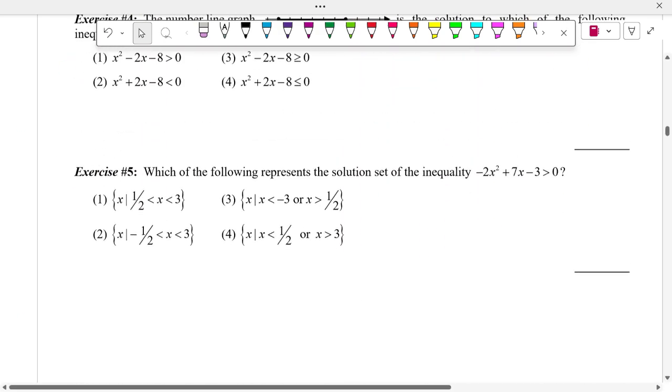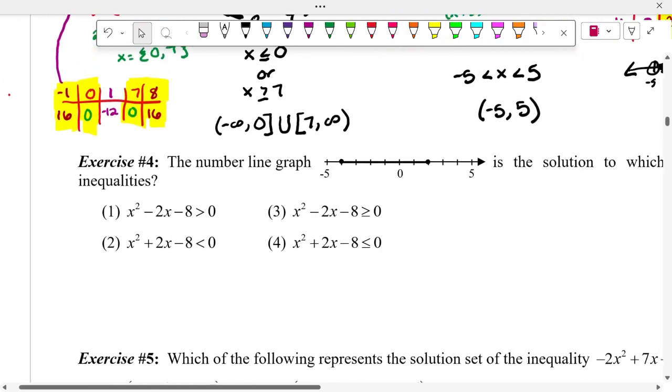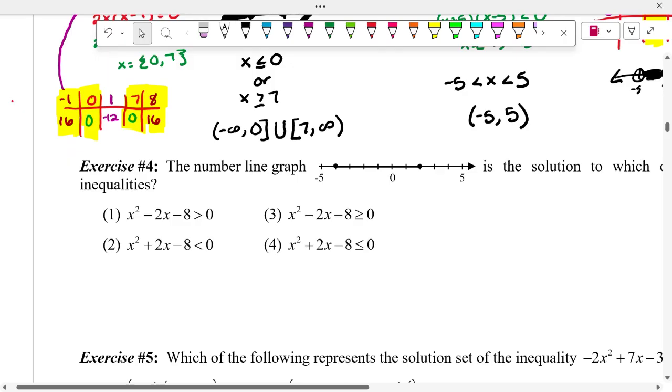So, if I looked at this next problem, without even solving it, we can kind of process of elimination this. Based off of what's going on here, first off, should our inequality have an equal to under it or not?